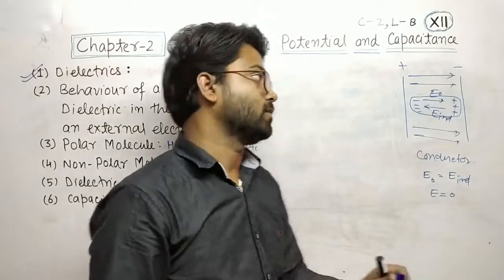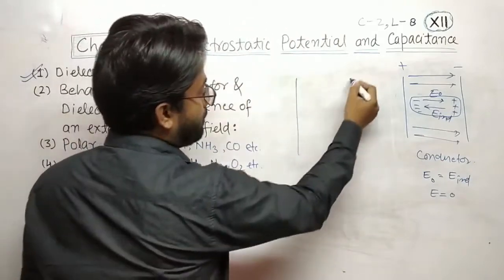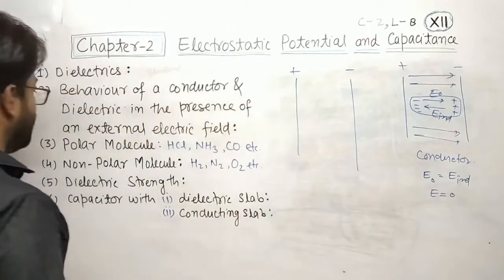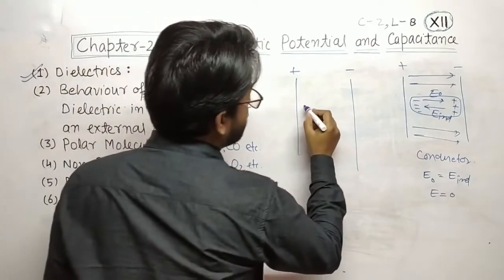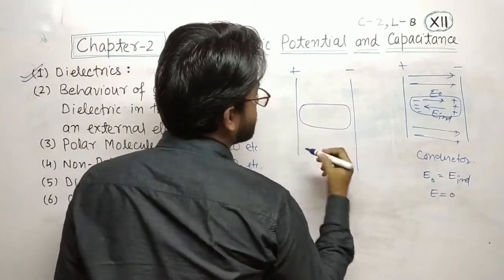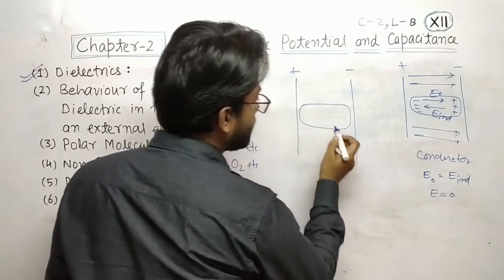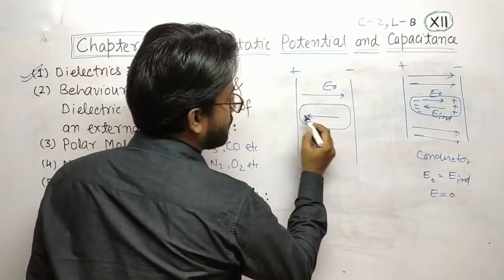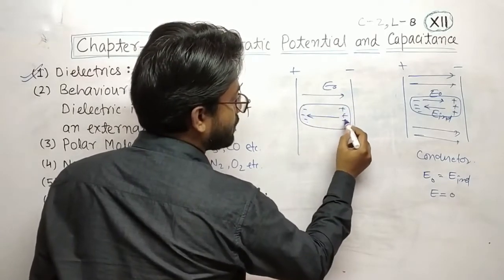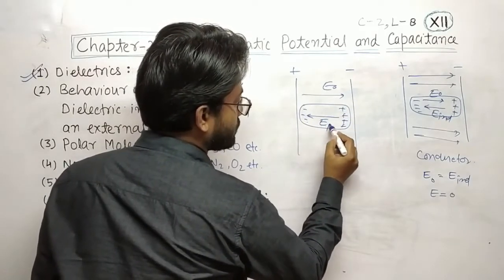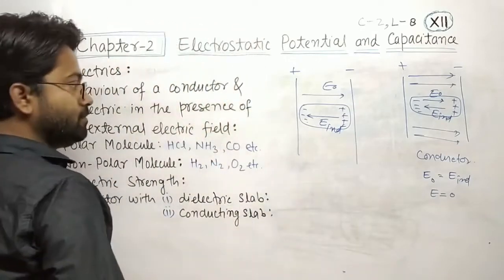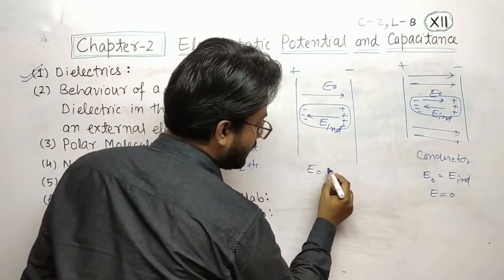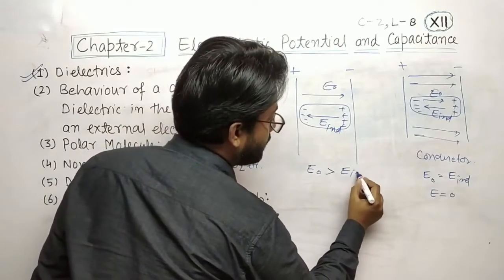the electric field is 0. Now if we place a dielectric substance, this is wax or glass, the external field is E0 and the induced field is, let us suppose, E induced. The external electric field is always greater than the induced field.